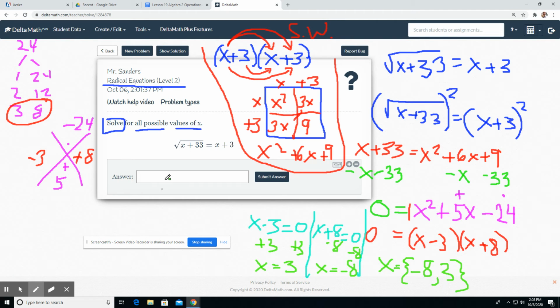So we have two solutions. Our answers are negative 8, comma, and 3. And then that's what this plus and minus do. If I wanted to make more cells, I can add that, or less cells. Those are my two solutions.